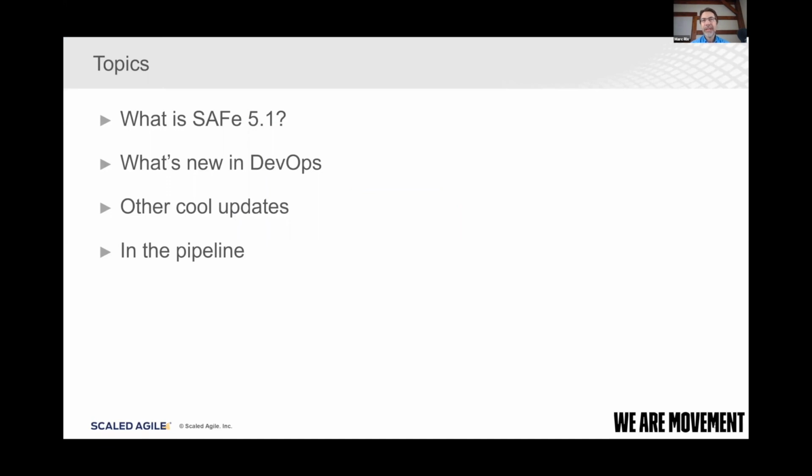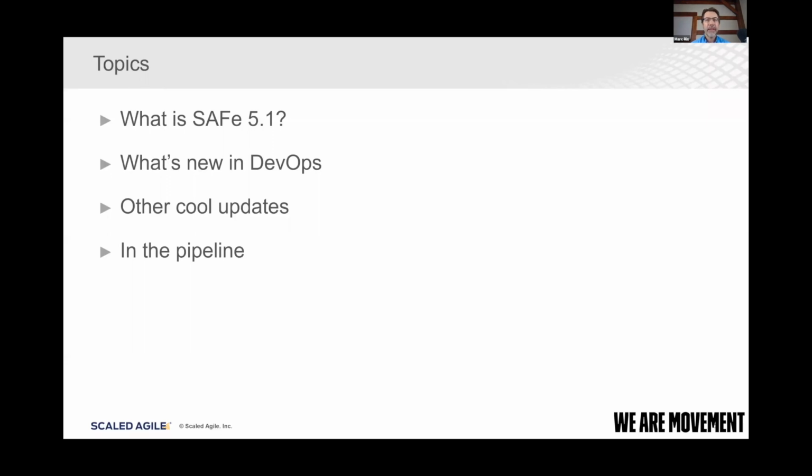So this is what I want to cover today in about 45 minutes. Let's talk about what SAFe 5.1 is. What is this thing called SAFe 5.1? I'm going to just cover that briefly because there's some things that you should know about what we're calling this new set of IP. And then go into what's new in DevOps. I know we're all probably wondering what the details behind the DevOps part of this new release are.